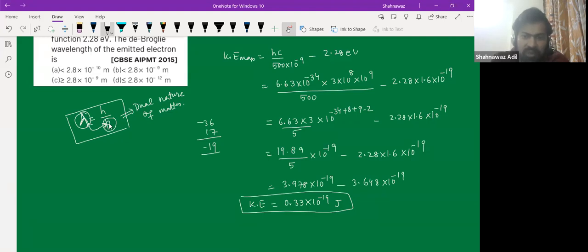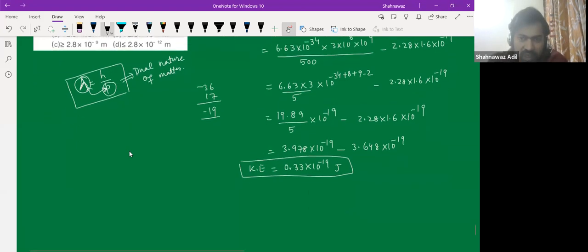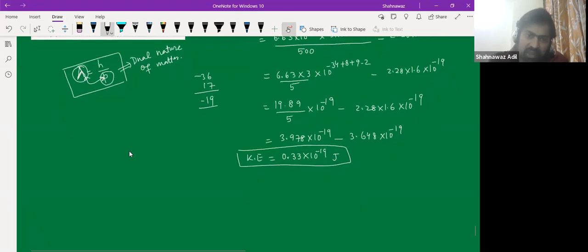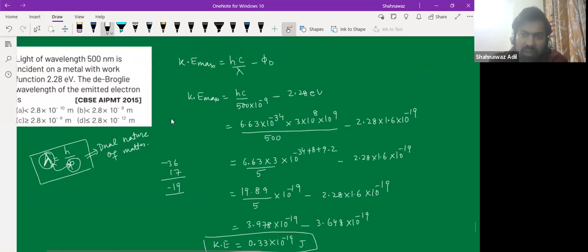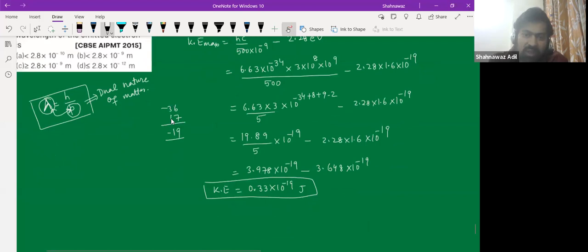So the wavelength is related to the momentum. What can you tell about momentum? Is it related with kinetic energy? Do you remember the relation?